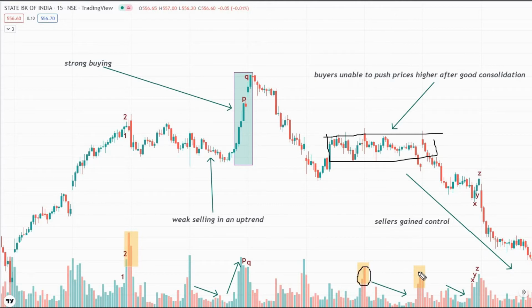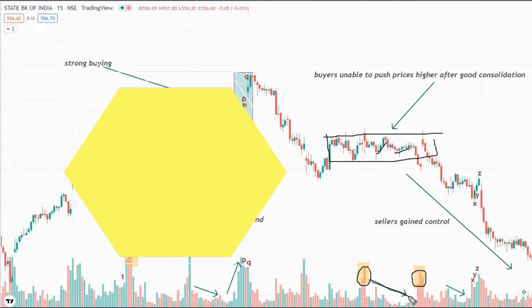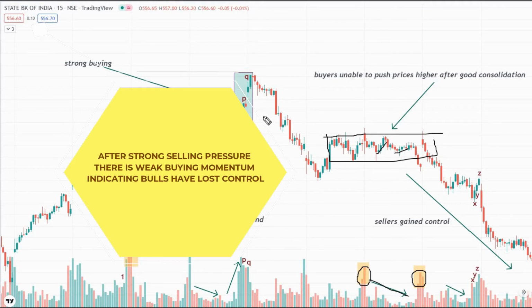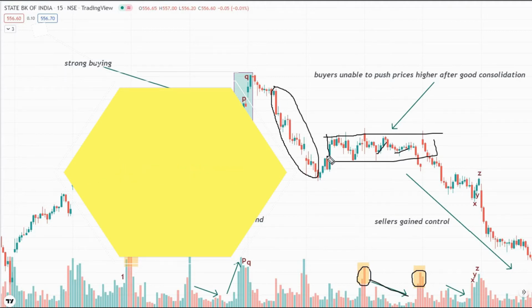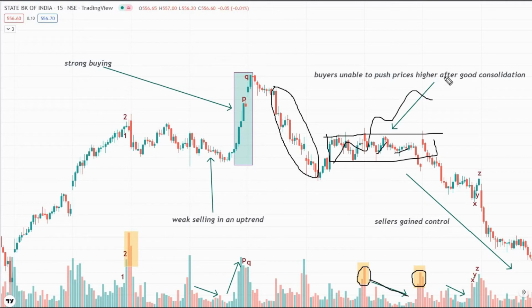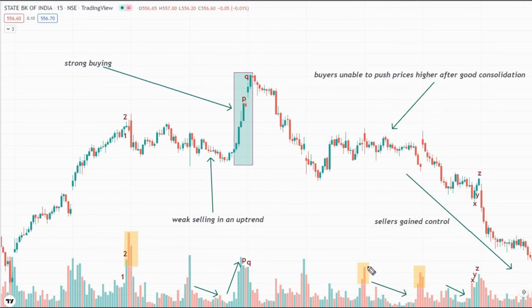The selling legs have higher volume and the buying legs have lower volume. So what is this indicating? That after the strong selling momentum, buyers are not being able to push the prices aggressively towards the upside, and selling pressure is increasing with buyers losing momentum.